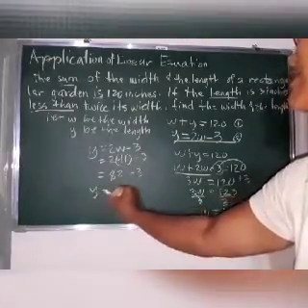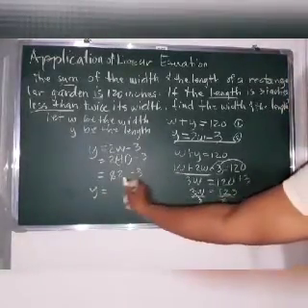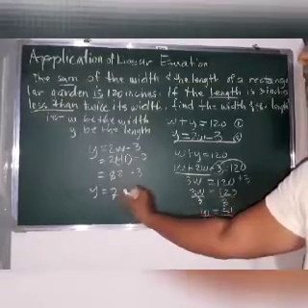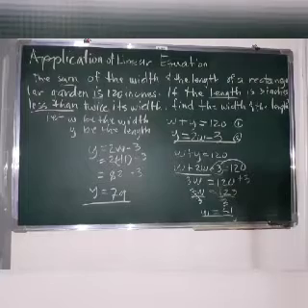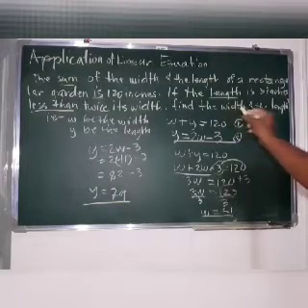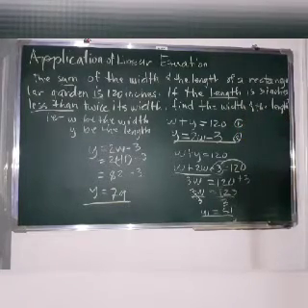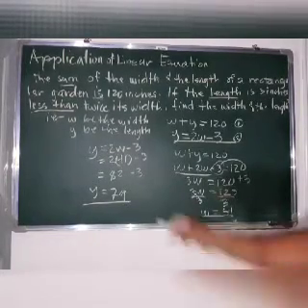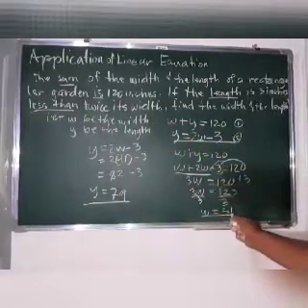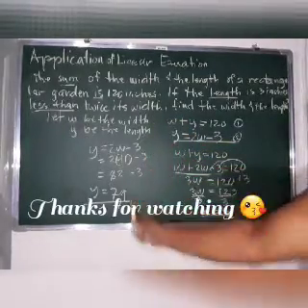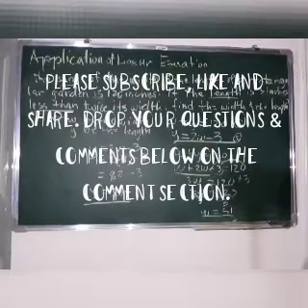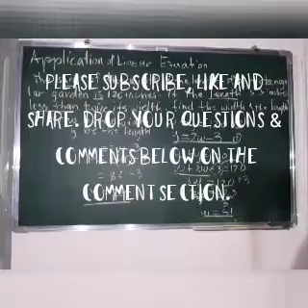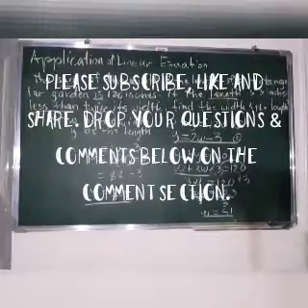So, y is equal to 79. So, find the width and the length. Our width is 41, and our length is 79. So, that's the solution for example number 3. Let's move now to example number 4.